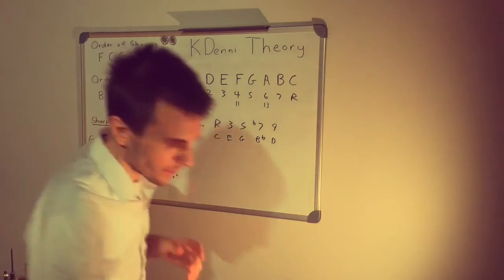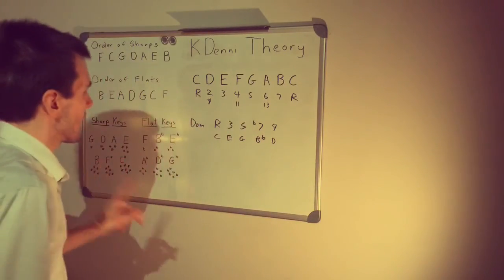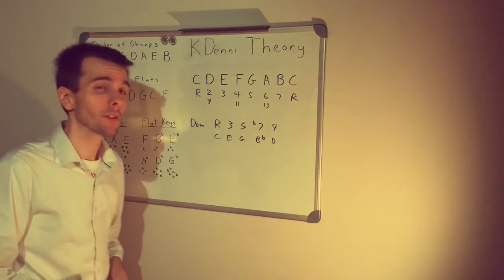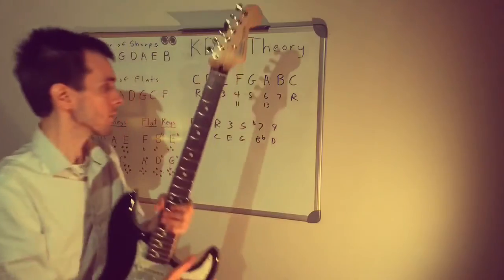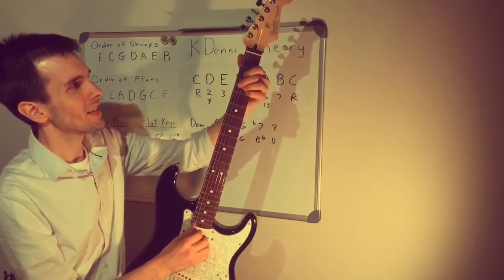A really great example of a dominant chord with a tension is a chord called the Hendrix chord. Let me just play this for you really quick. This is what a C9 sounds like.